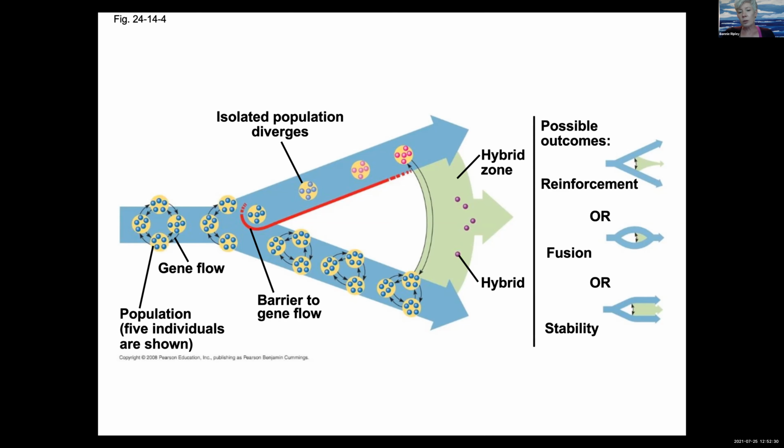My personal understanding of what's happening in a stable hybrid zone is that they're still in the process. We've caught them, we're looking at them, and somewhere down the road in the future, either reinforcement or fusion is going to happen, depending on what happens with the environment. All right. So, whether we're zoomed in or we're zoomed out on this process, it's going to look slightly different.